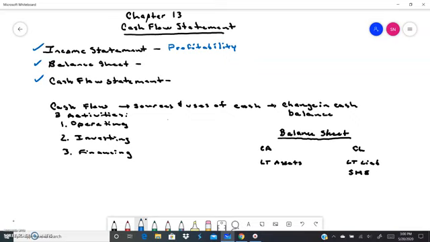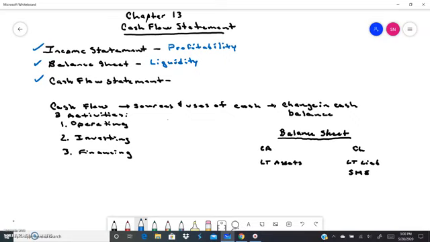The balance sheet, on the other hand, we would look at so that we could understand a firm's liquidity, among other things. But liquidity, of course, being, can we satisfy our short-term obligations? Can we pay our short-term bills?